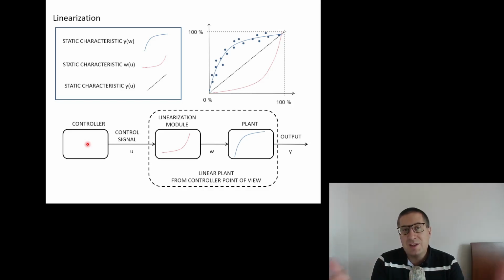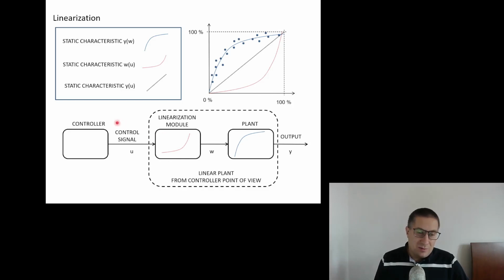Because if we just take the characteristic of a device, we will see it's non-linear, and we'll try to somehow handle this non-linearity in our model. Probably it won't be a good solution. We have to consider this control signal, because this device is operating under the supervision of the control system. So if we have this linearization module, then we can treat the process as linear.